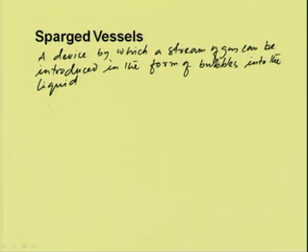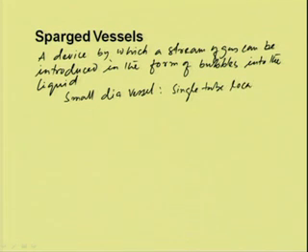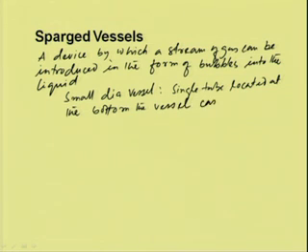For small diameter vessels, a single tube located at the bottom of the vessel can be used as sparger.